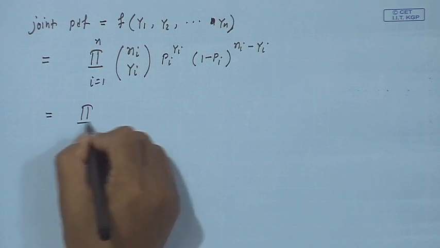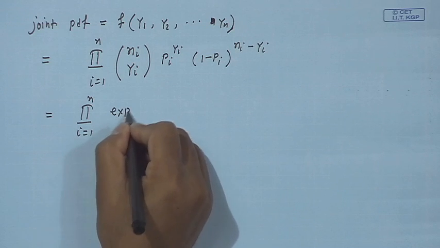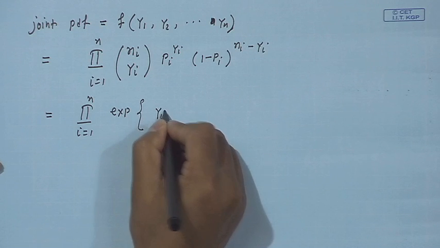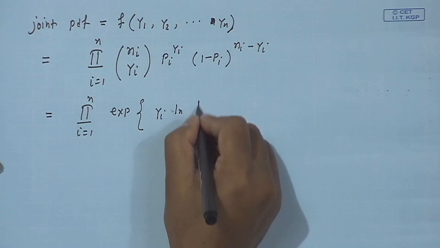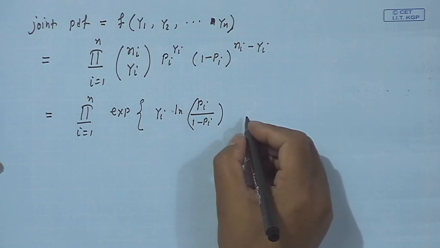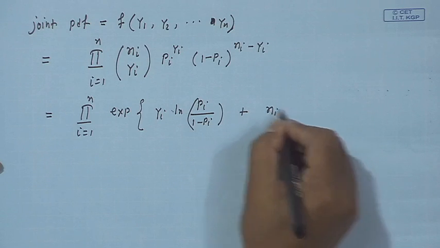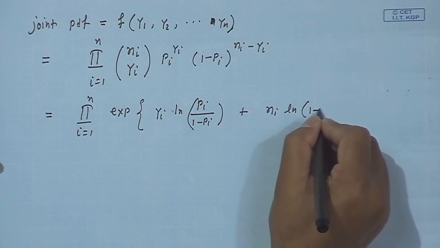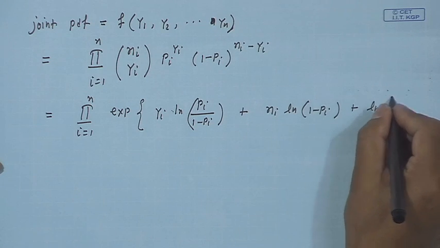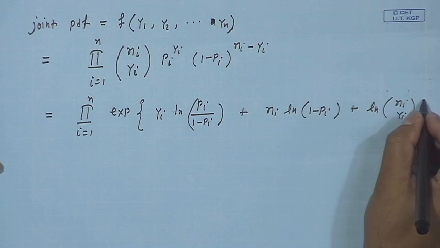And this can be written as the product over i equal to 1 to n of exponential of y_i ln of p_i by 1 minus p_i, it is not difficult to verify this, plus n_i ln 1 minus p_i plus ln n_i C y_i.